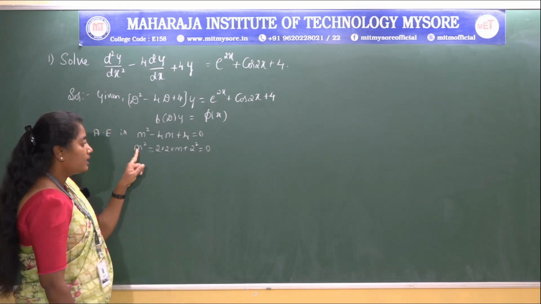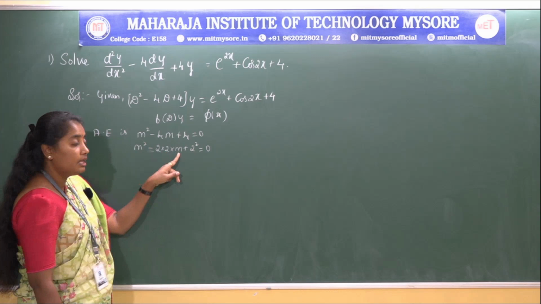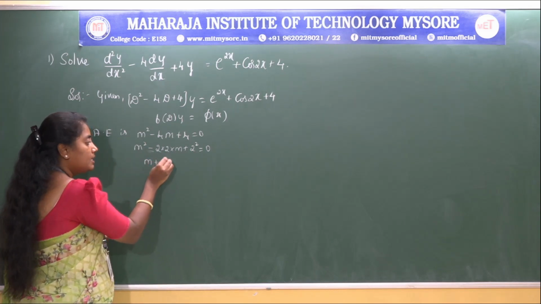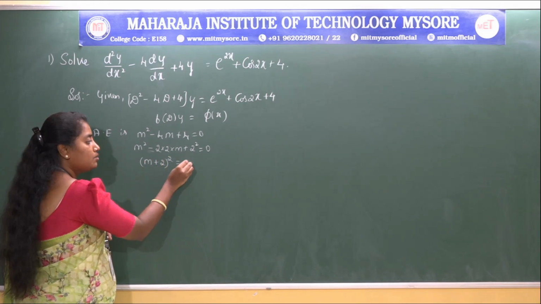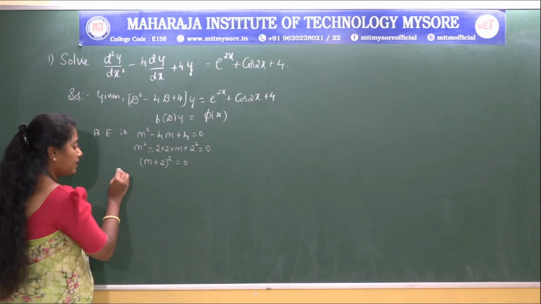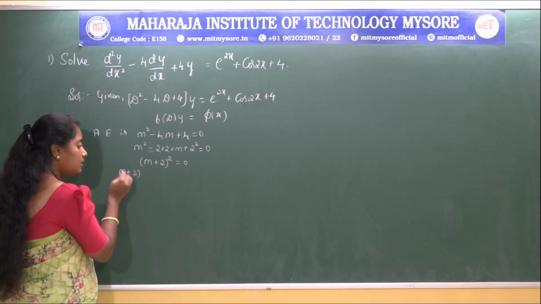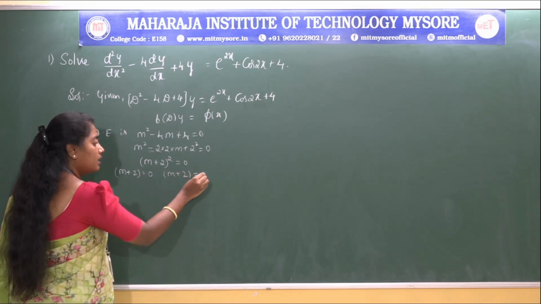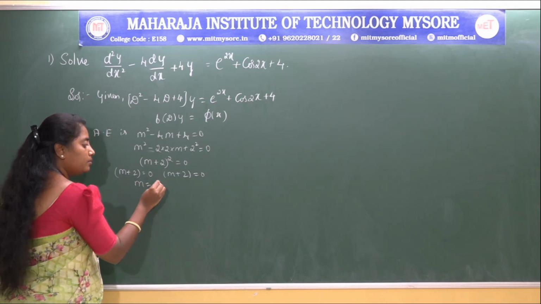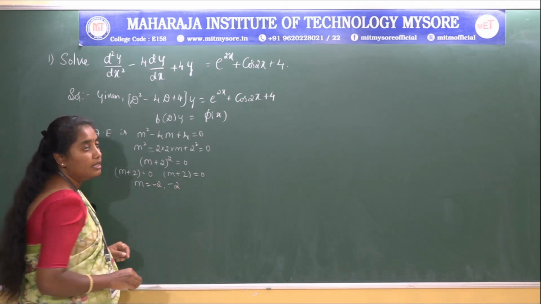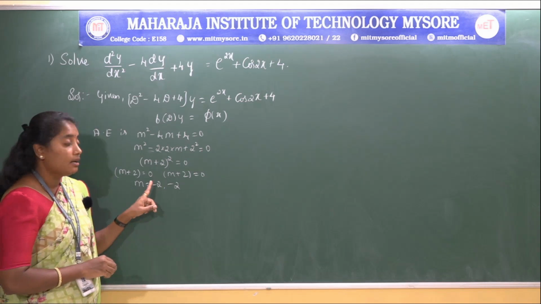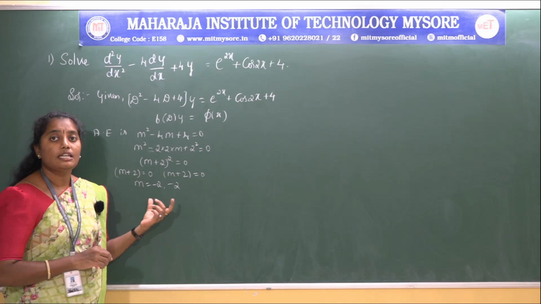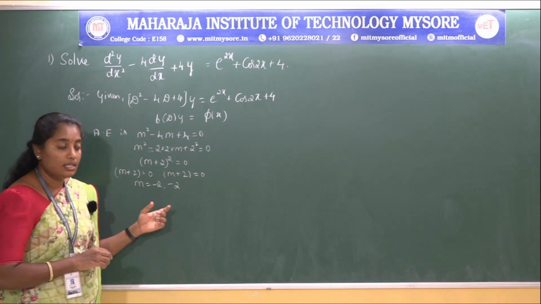This is in the form of a square minus 2ab plus b square, where a is equal to m and b is equal to 2. Hence the two factors are m minus 2 equal to 0, m minus 2 equal to 0. Then we get m is equal to 2, 2. So we get a real and coincident root. Coincident means equal roots.